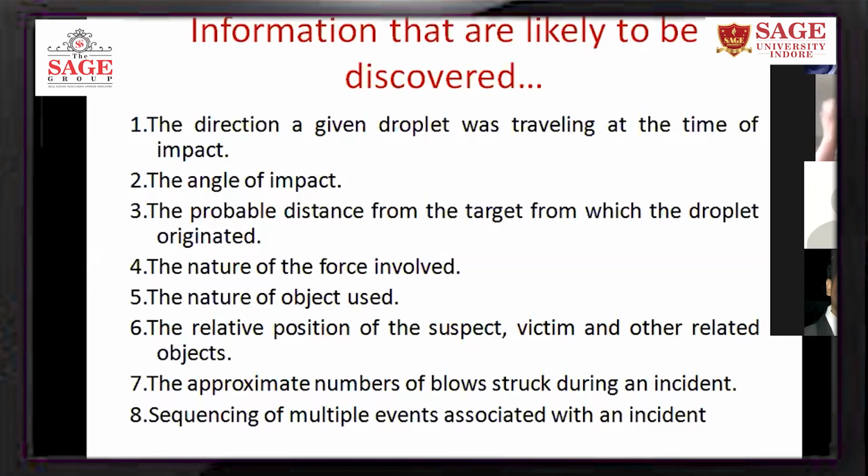If there are five or six droplets in one room, you can correlate all those droplets to a single source, which is called the area of convergence, that all these five six droplets originated from this place. And next is the nature of force. Looking at the spatter pattern, we can say whether it was a very slow, moderate, or high velocity force which was imparted to create these blood droplets.